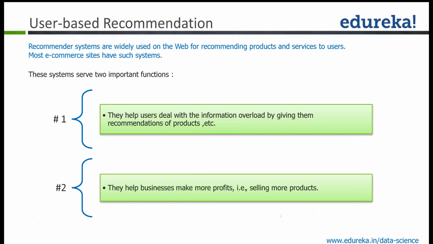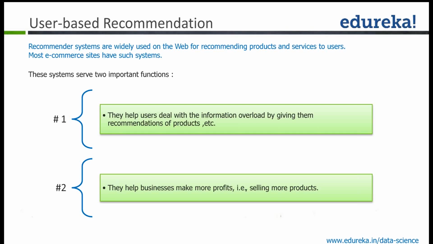So that's basically item-based recommendation. Depending on the type of items that Rajiv is interested in, you are recommending more stuff. So all your logic is focused on the items.